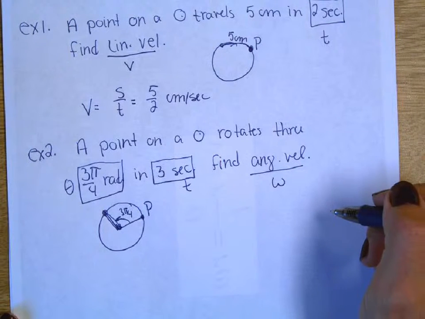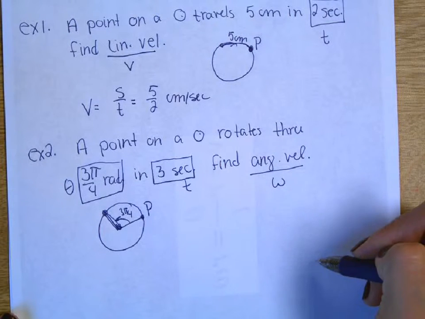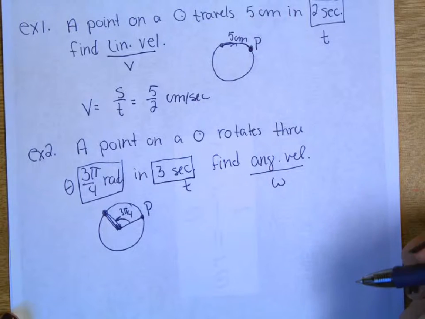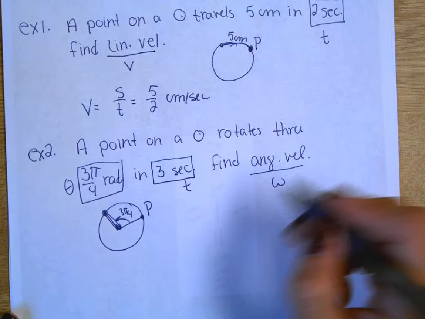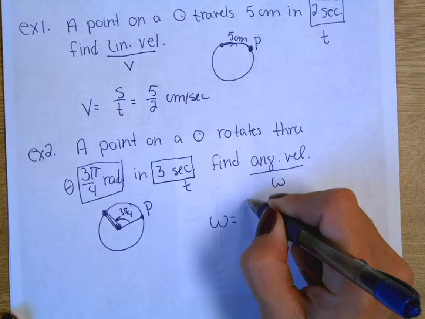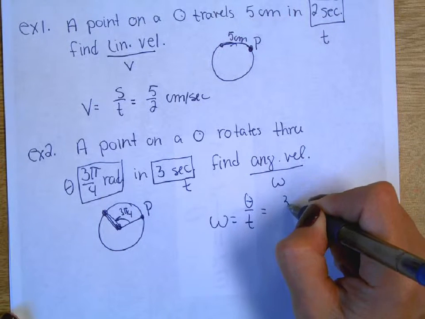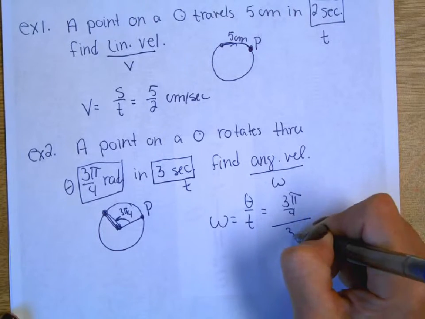Once you identify everything that's given, and especially what you're trying to find, you can eliminate or narrow down and find a formula. Which one are you going to use? Theta over time. Theta over t. We know theta is 3 pi over 4. We're going to divide that by 3.